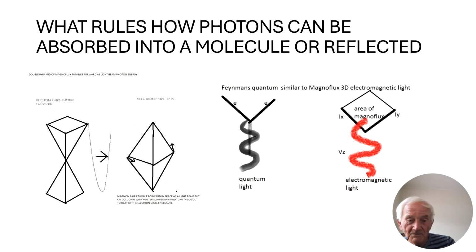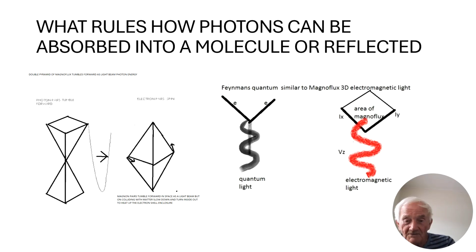The next picture shows what rules how the photons can be absorbed into a molecule or reflected. So we start off as we did before with the left-hand side wave of inertia which comes in, but when it hits a piece of material, which we've shown here as a double pyramid, it can enter in or be reflected, depending on its physical attributes.